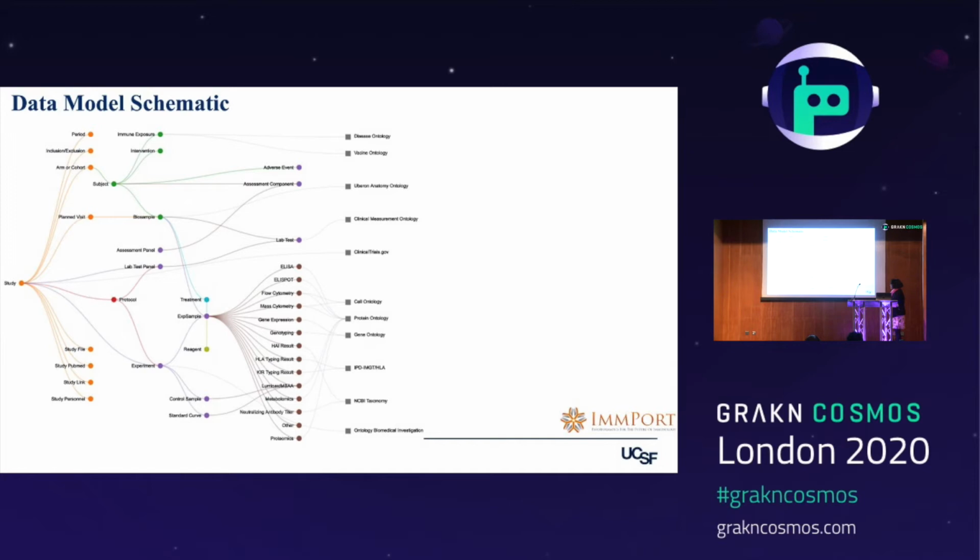This is just briefly showing you an idea of the data model for ImmPort, how we capture the data. This is a simplified model, but there are 100 tables, just the complexity that we heard about this morning, and when you have 100 tables to go through, building the queries becomes pretty complex.